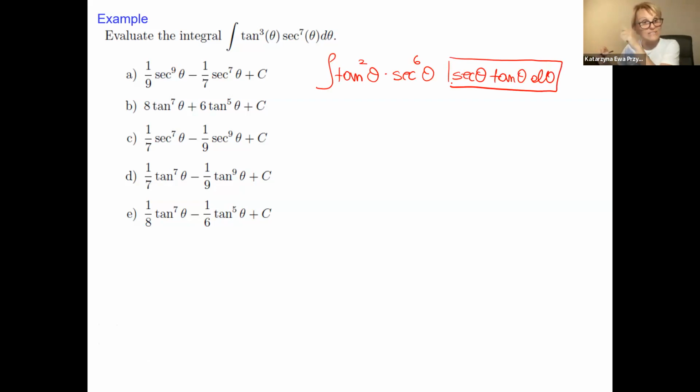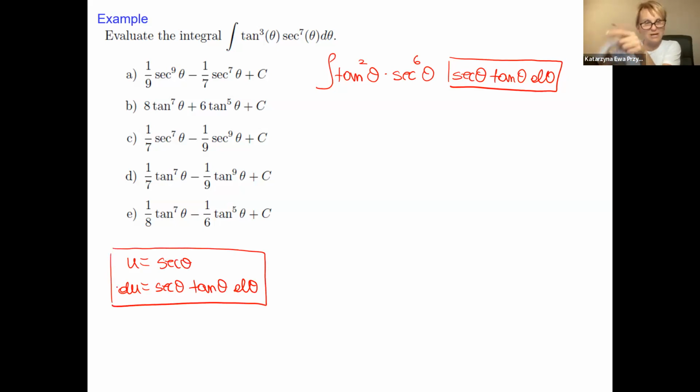The derivative of what function is in the box? The derivative of secant is secant tangent. Thank you. We want u to be secant. I'm changing the order. That means this is good because this will be u to the power of 6.